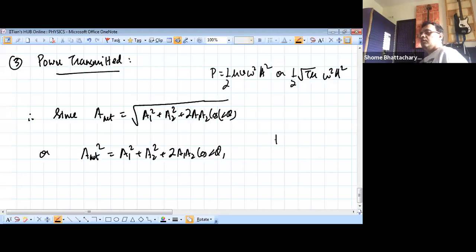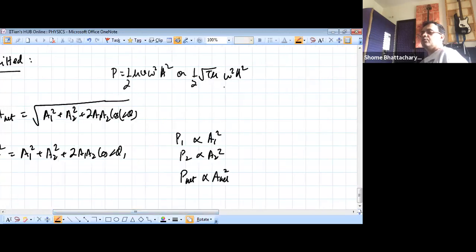Power of the first incident wave is proportional to A1 square, power of the second one is proportional to A2 square, and the resultant power or the net power transmitted is proportional to net amplitude square, where the constant of proportionality will be the same for all of them.